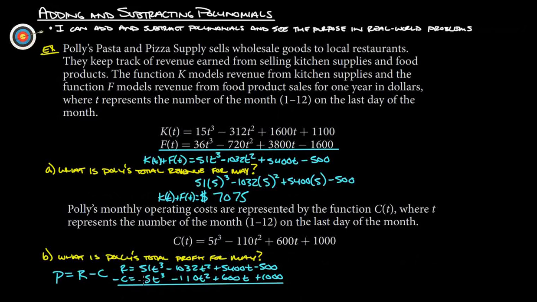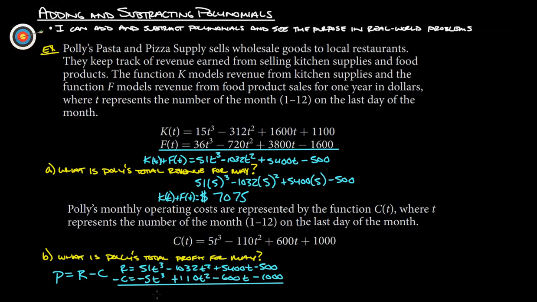What I like to do, because I will inevitably accidentally add these together, is change all the signs of the second one, because I'm going to subtract all of these. So I change that to a negative, change that from a negative to a positive, and change these two from positives to negatives, and then I can simply add the two lines together.